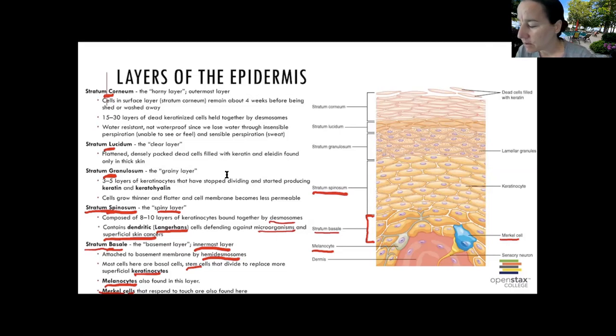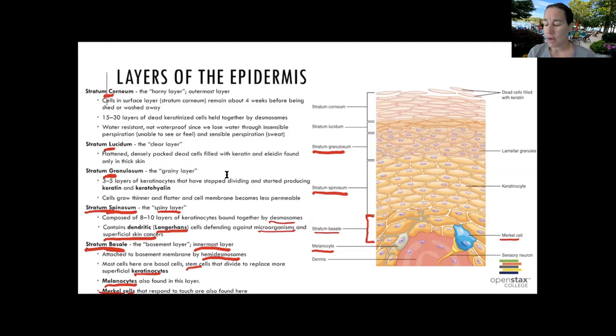Let's go up to the granulosum. And in the granulosum, remember I always said that connective tissue is going to have the blood flow and the epithelial tissue is not going to have the blood flow. Well, we have the blood flow bringing the nutrients to our bottommost basement layer, right? They're going to get all the good stuff. So that's where our stem cells are. They're going to produce the keratinocytes.